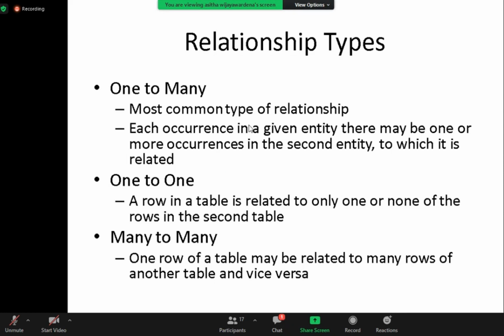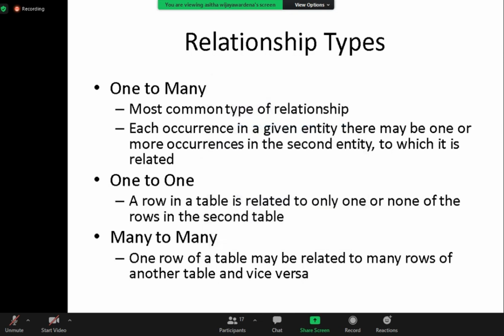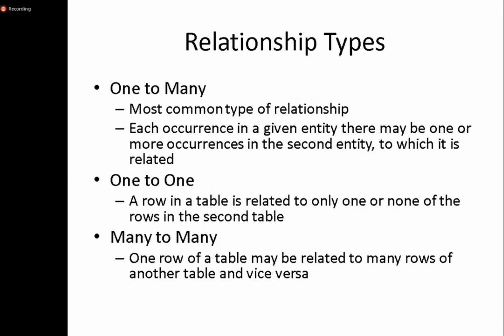In one-to-many relationships, I think you can identify that. For each occurrence in a given entity, there can be many occurrences in the second entity. It's obvious, so one teacher can have many students. If you take individual classes, one teacher can have one student.